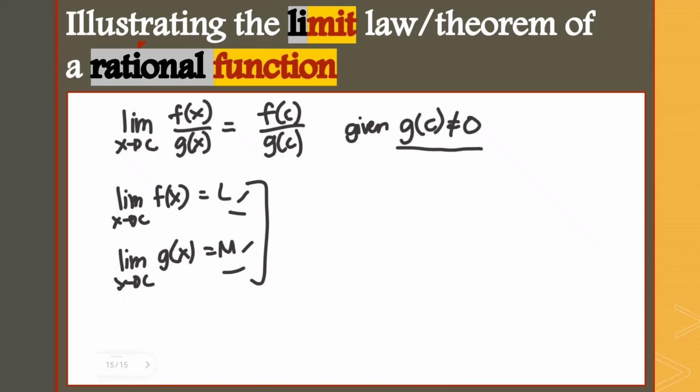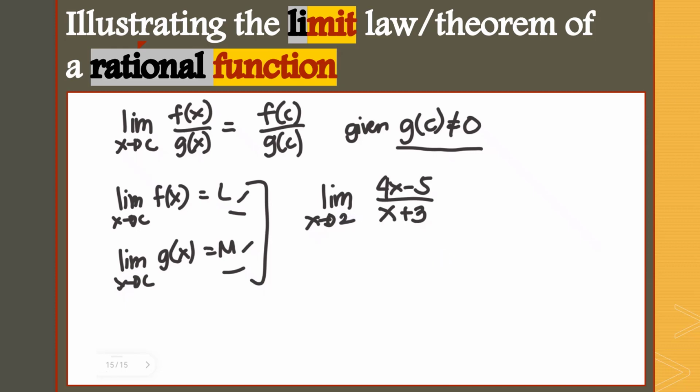Let us have an illustration here. Let's say we have the limit of 4x minus 5 over x plus 3 as x approaches a certain constant, let's say 2.